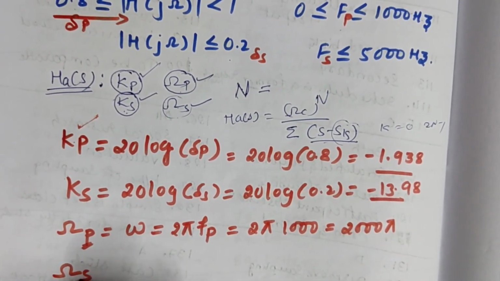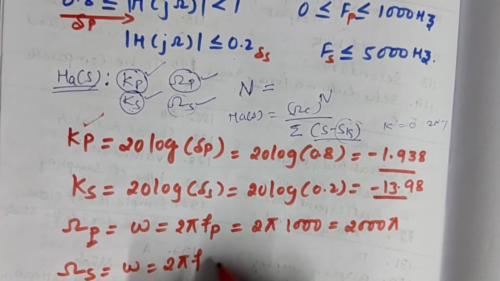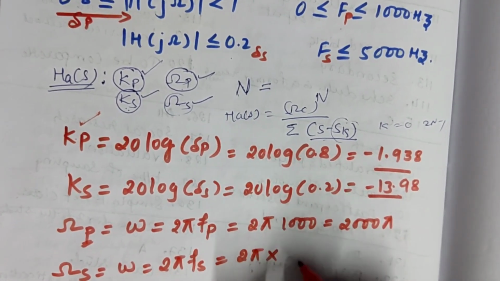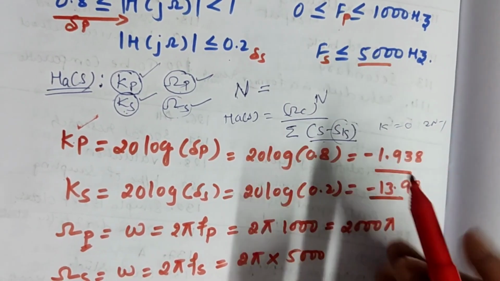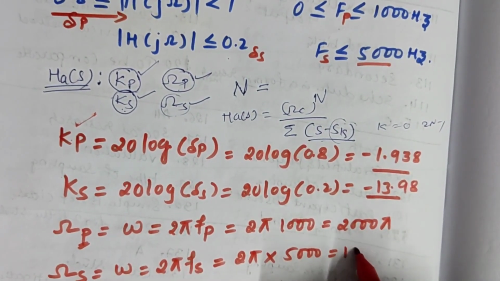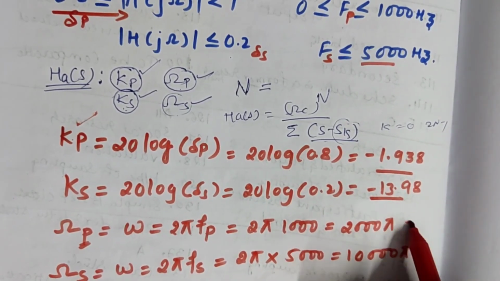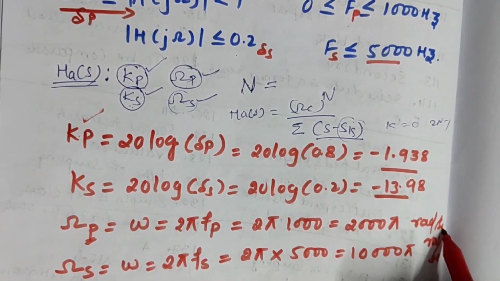Similarly, omega S is again 2 pi f, only with the stopband frequency, which is 2 pi into 5000. They have specified this as 5000 hertz, which is equal to 10,000 pi radian per second. This is radian per second and this is also radian per second.